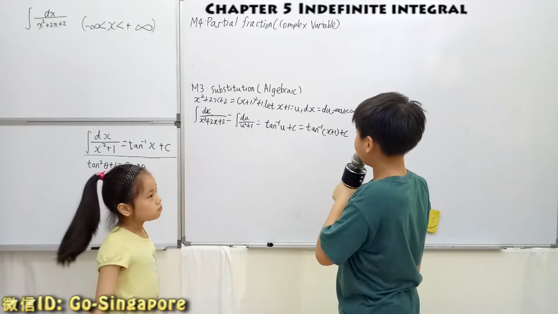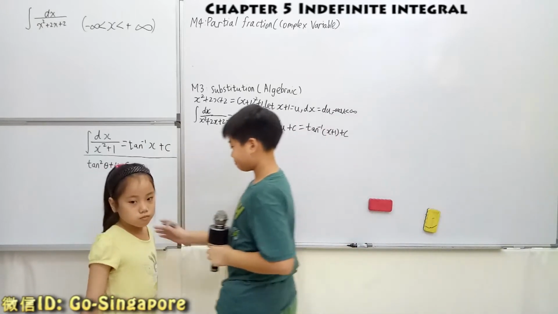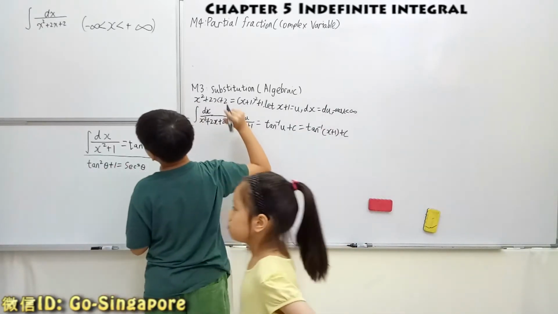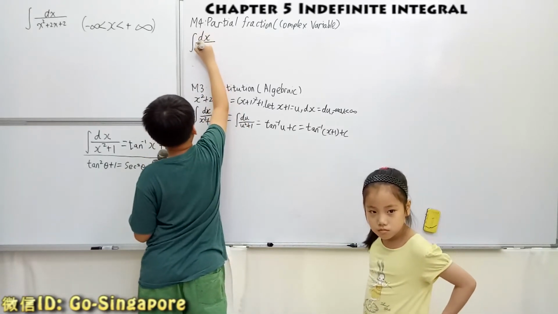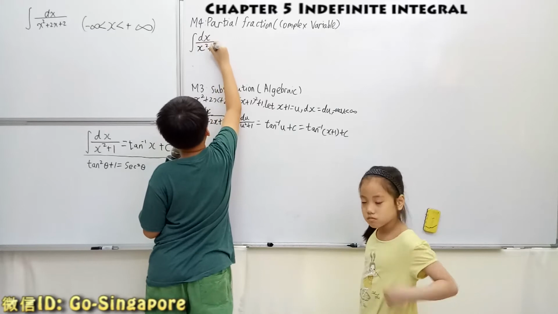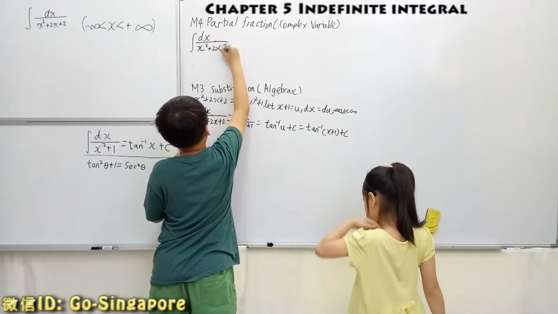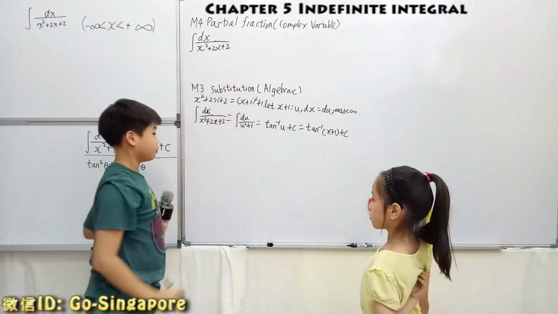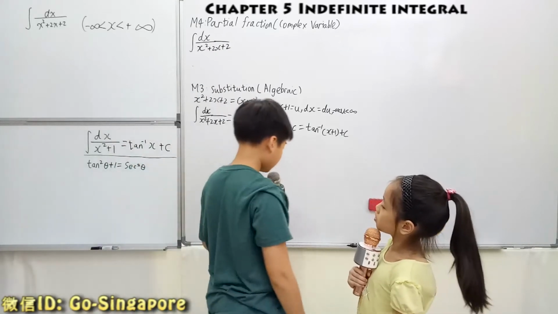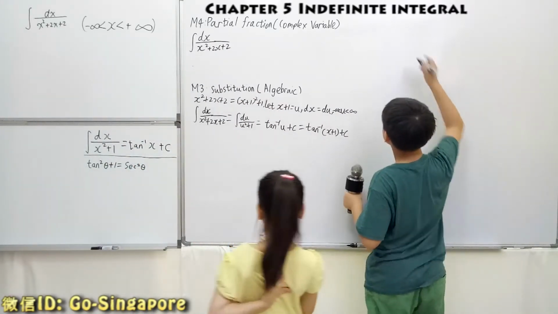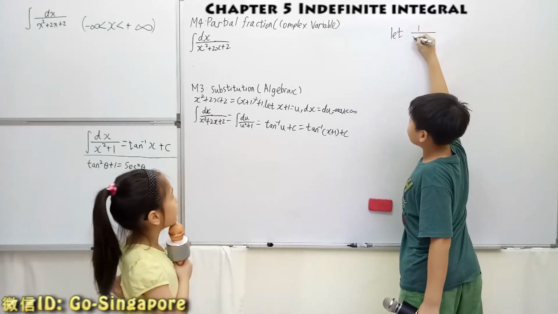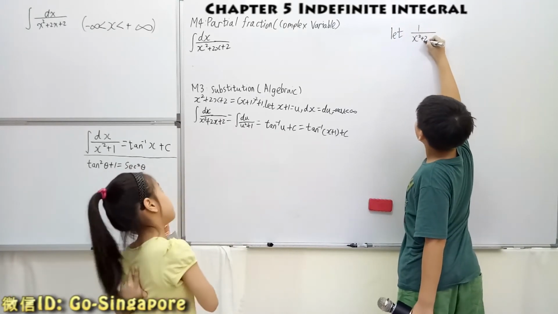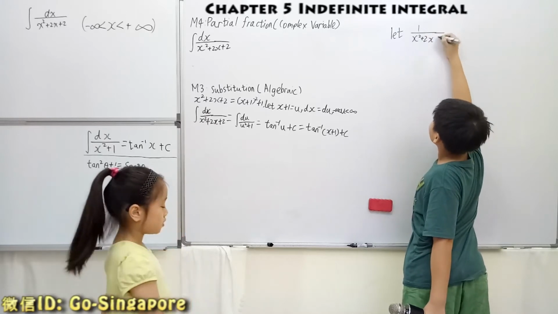So for this fourth method, what will we need to have? Do you have any ideas? We will need to have the partial fraction.